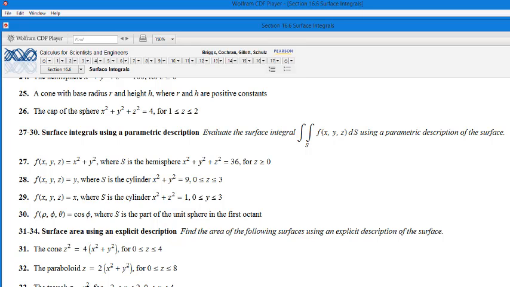So 28 says, compute this surface integral. Double integral over S, f of x, y, z, dS, and notice they put a big S. That's your key. You have a surface integral here, okay? Using a parametric description of the surface. So we say f of x, y, z is equal to y.